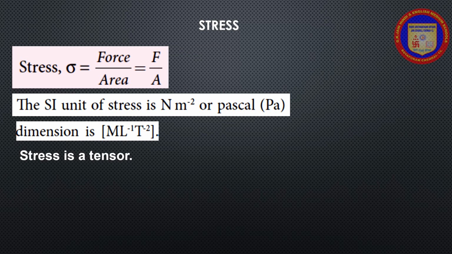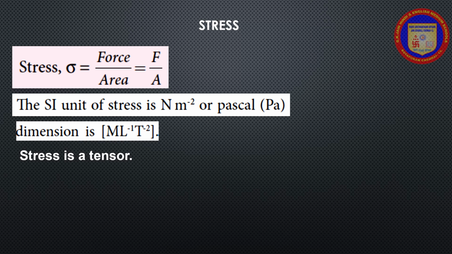Stress. When a force is applied, the size or shape or both may change due to the change in relative position of atoms or molecules. This deformation may not be noticeable to our naked eyes, but it exists in the material itself. When a body is subjected to such a deforming force, internal forces developed in it are called restoring forces.